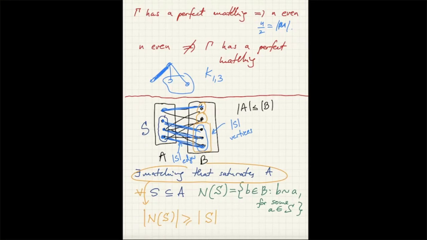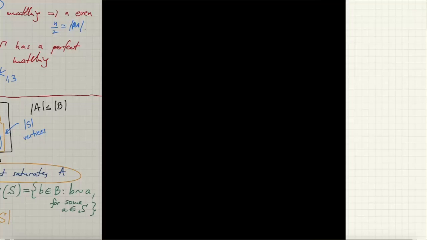So this is a consequence of having a matching that saturates A, and the beautiful result of Philip Hall is that this is actually a sufficient condition as well. So let me state the theorem here. This is Hall's Marriage Theorem.